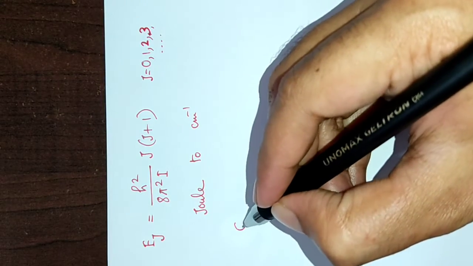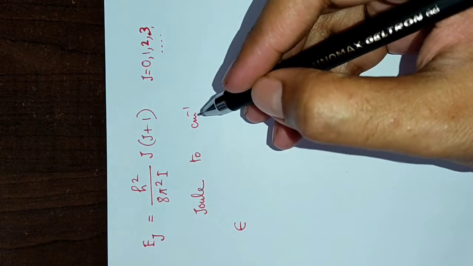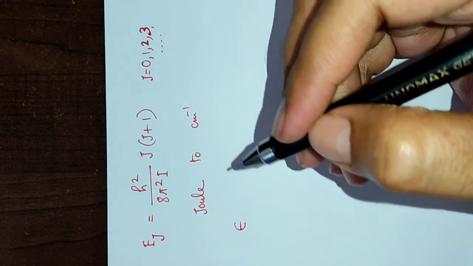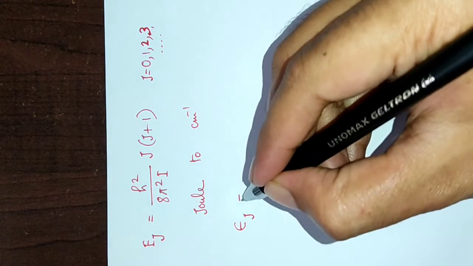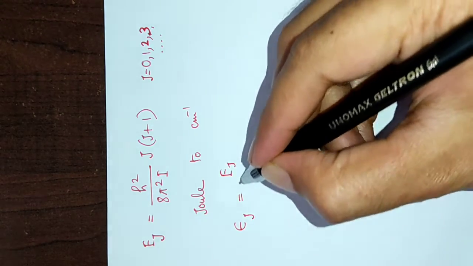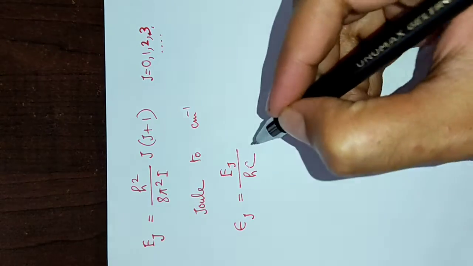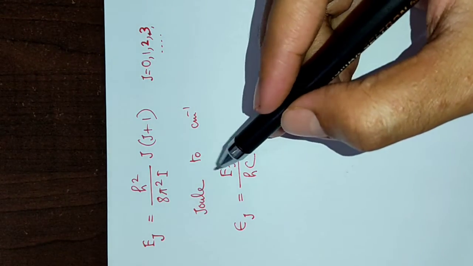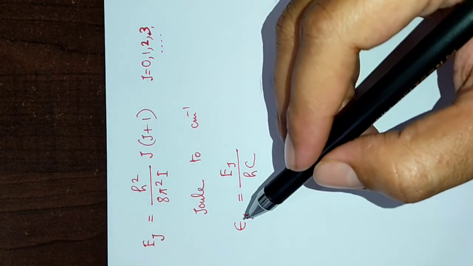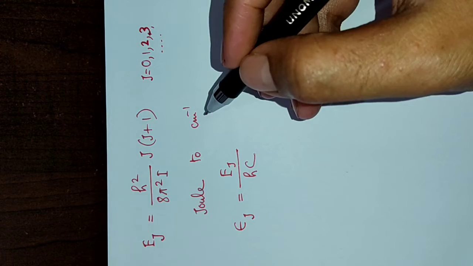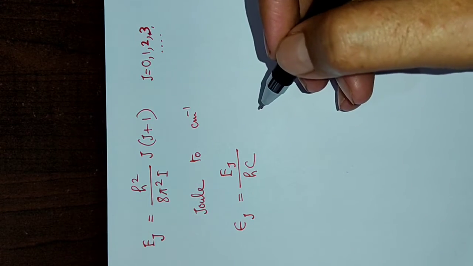Let us represent the energy in terms of wave number, and let us use the symbol epsilon instead of E. So epsilon will be related to E by this equation. Dividing energy in joule or erg by hc, it will give us the energy in terms of wave number, that is centimeter inverse or meter inverse.